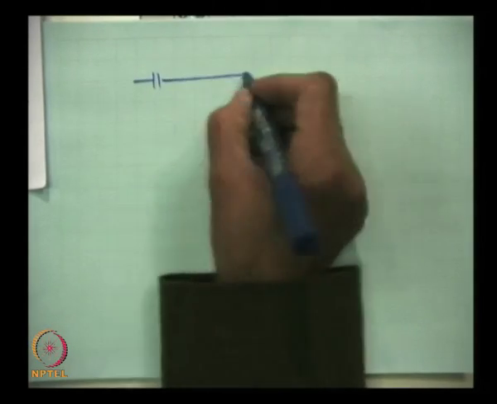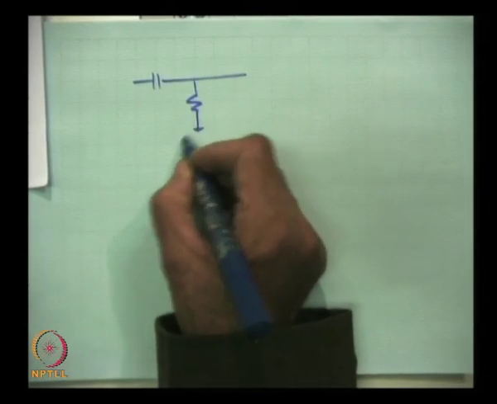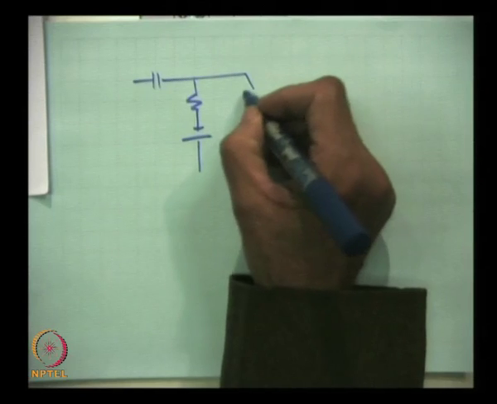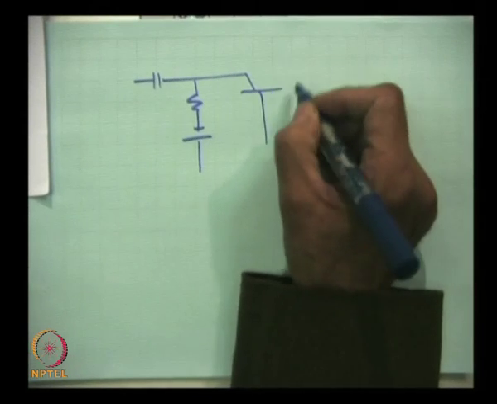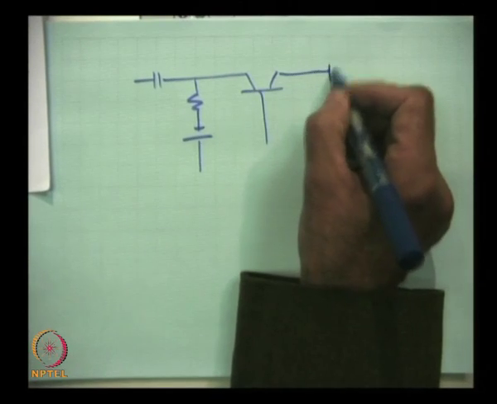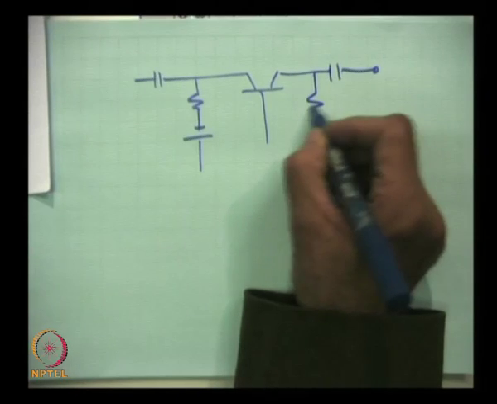In this common base circuit, there is no phase reversal, because very quickly I can draw a circuit and show you why there won't be a phase reversal. Very quickly I go through it.